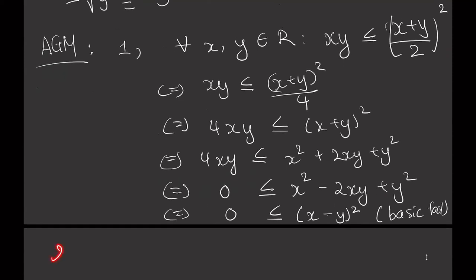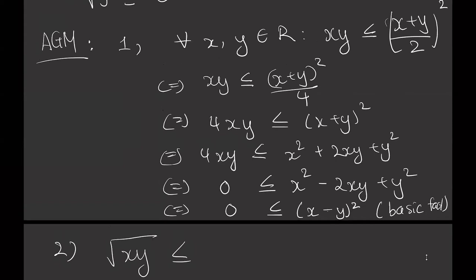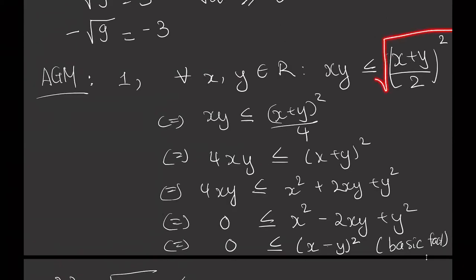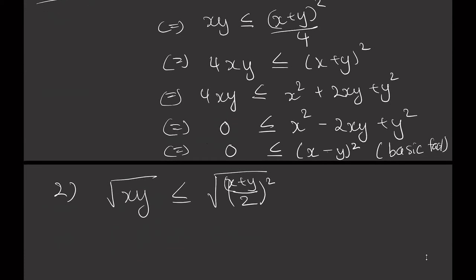Okay, and the second version of AGM is when we square root both sides. So instead of xy, I take the square root of xy. I also will take the square root of this. What do we have to notice when we take a square root of a number?